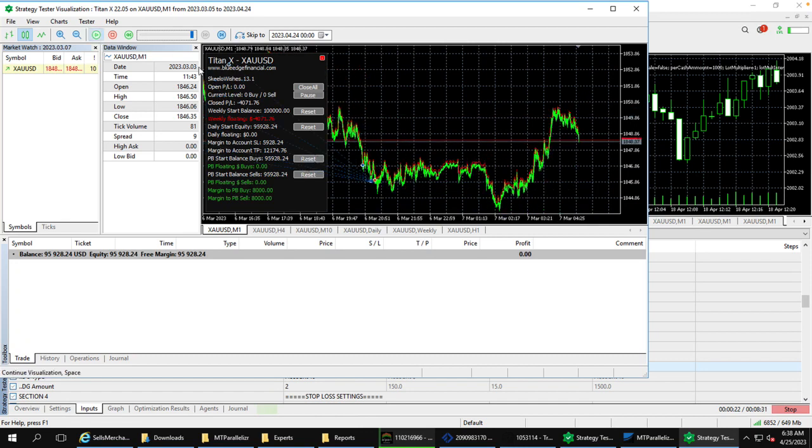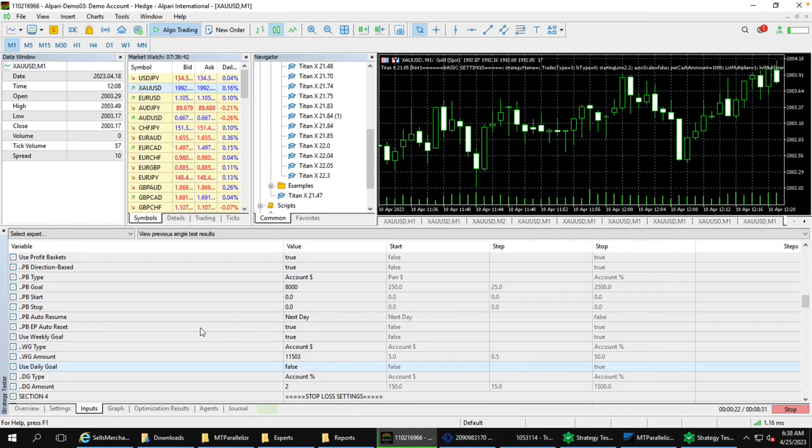So instead of that, what if we said, let's start locking in some profits after $600? Instead of losing 4,000, let's see if we can add that trailing stop loss feature here.